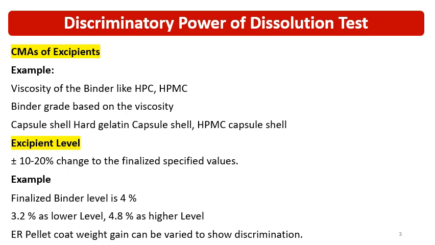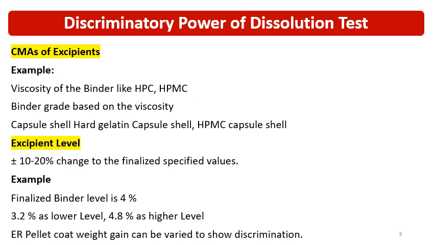For example, I have taken a binder, level is 4%, minus 20% will become 3.2% as the lower level and plus 20% will become 4.8% as the higher level. So you can try this.